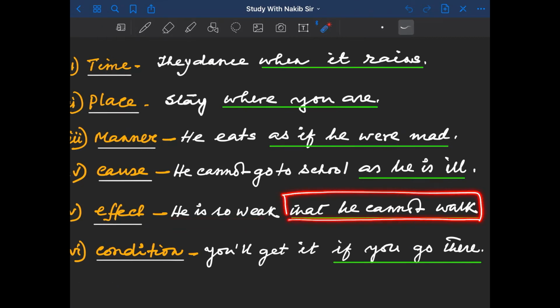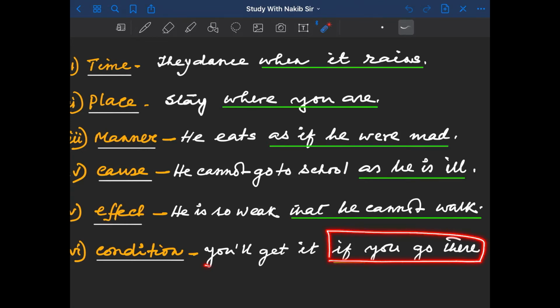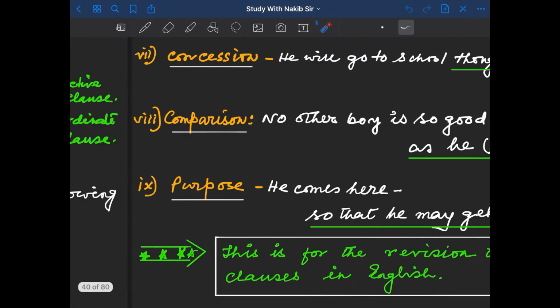"That he cannot walk" is a subordinate clause expressing the effect. For this it is called a subordinate adverb clause. Next one is condition. See the sentence: you will get it if you go there. "If you go there" is a subordinate clause and it is expressing condition. For this it is called a subordinate adverb clause.